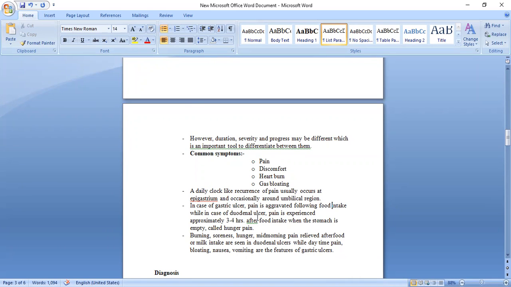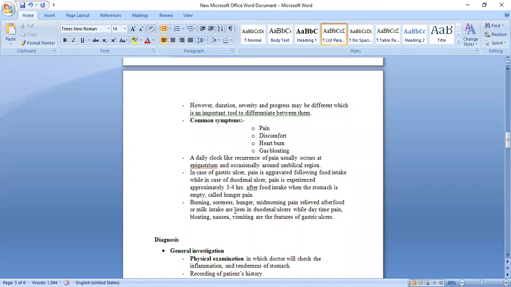In this duodenal ulcer, if we do not take the food in a proper, definite time, then day by day it aggravates, exaggerates the symptoms and causes the ulcer. This is the main difference.